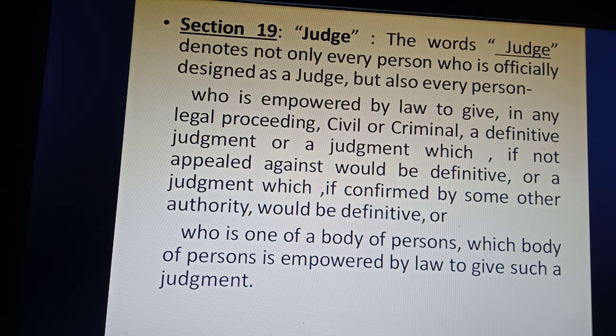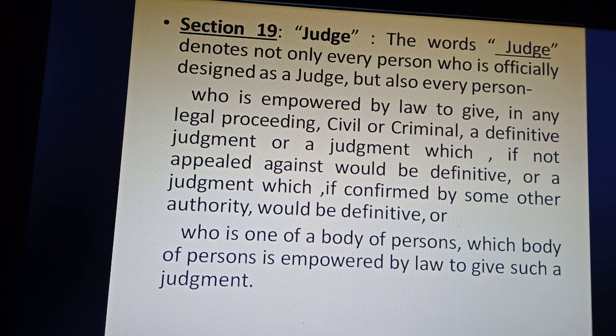Or, but also every person who is one of a body of persons, which body of persons is empowered by law to give such a judgment. It is very important. The person who is authorized to give a definitive judgment should be empowered by law to deliver the judgment.